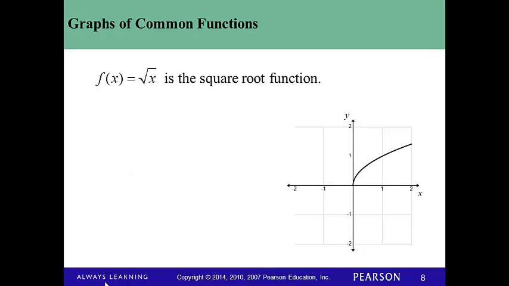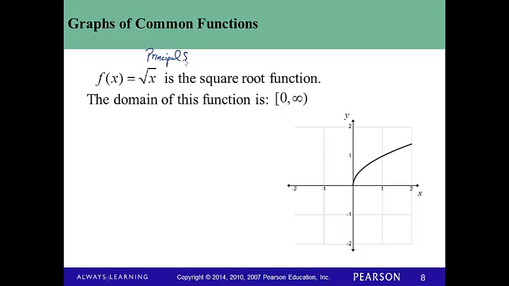F of x equal to the square root of x has a domain of 0 to infinity, includes a 0, because again it's a square root, it's the principal square root. Which means you only get positive, or how about this, non-negative values.